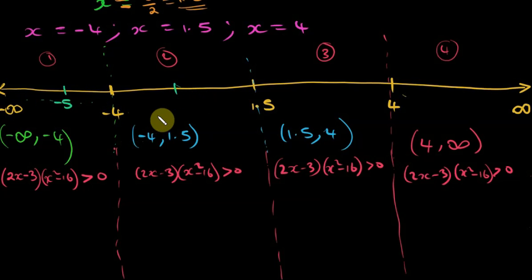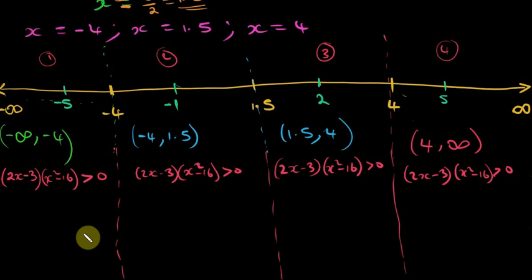In the next region, we can take minus 1. You can take any point that you want as long as it falls within the region. Between 1.5 and 4, we can take 2. From 4 to infinity, we can take positive 5. Alright, so we have our points allocated.